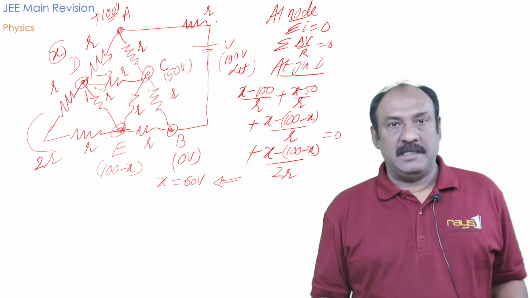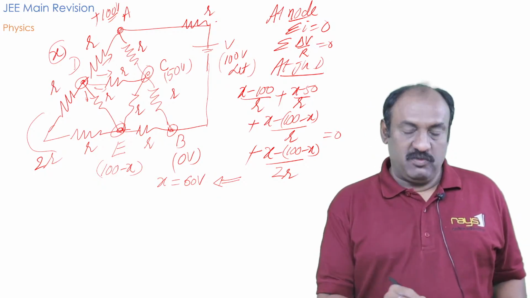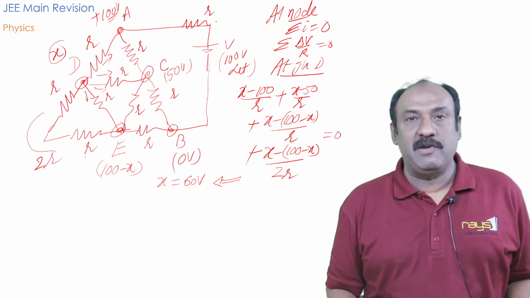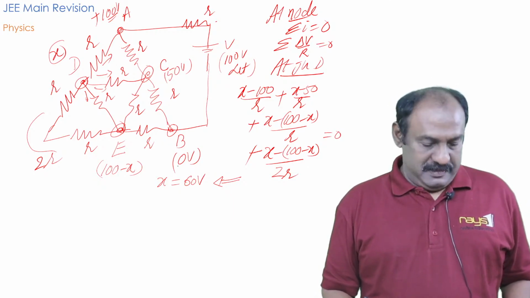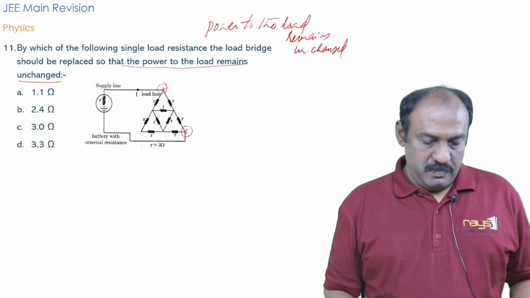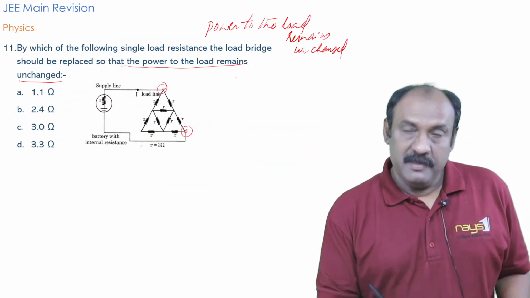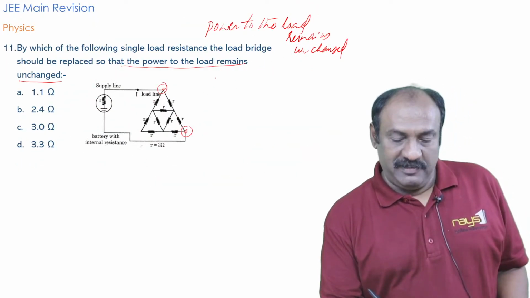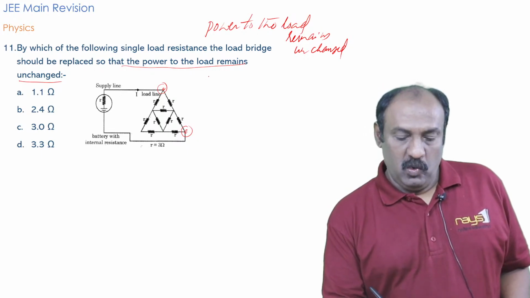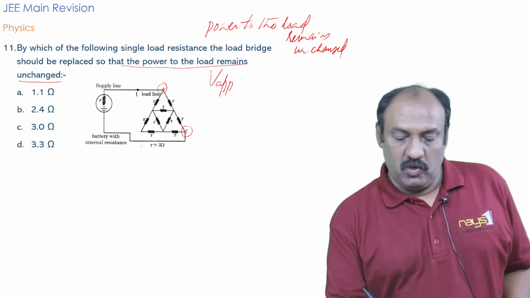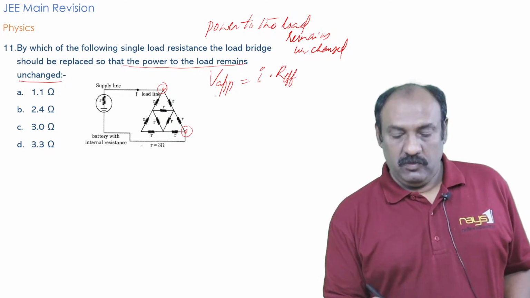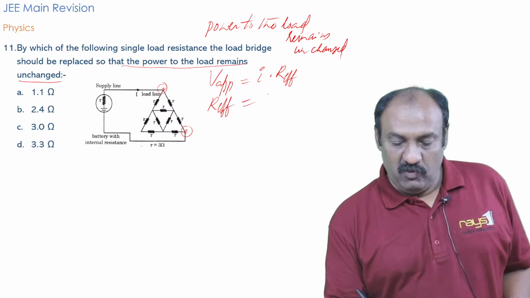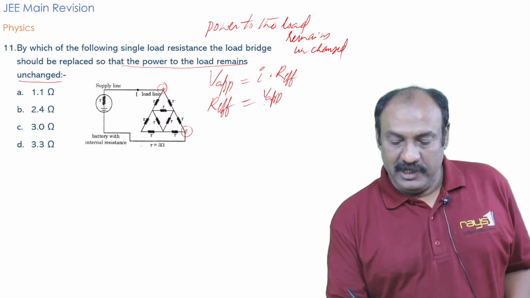Now what do we want? The total resistance between A and B. So when we know the X value, see here, what is the effective resistance? Voltage applied is equal to the total current drawn from the source times R effective. So R effective can be written as voltage applied by total current.